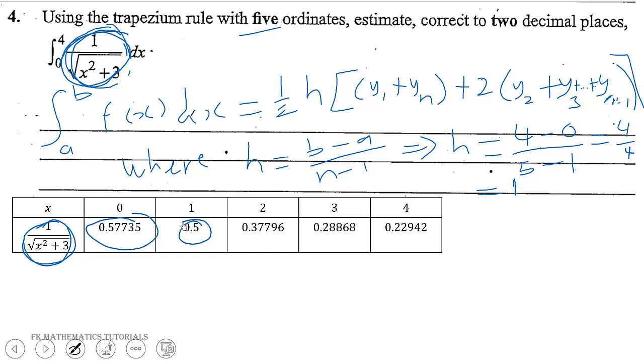When you put 2 into this f of x, you get 0.37796. So you know how we got the x values. You keep adding h to the lower limit here. So 1 plus 0 will give you 1, then 1 plus 1 will give you 2, then 1 plus 2 will give you 3, 1 plus 3 will give you 4. If you reach the last limit there, then you stop. So you have 5 ordinates: 1, 2, 3, 4, 5.